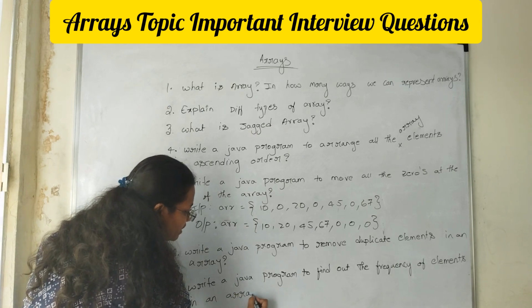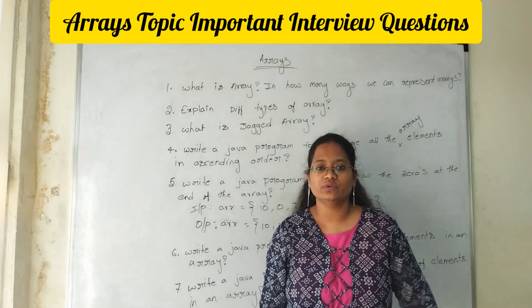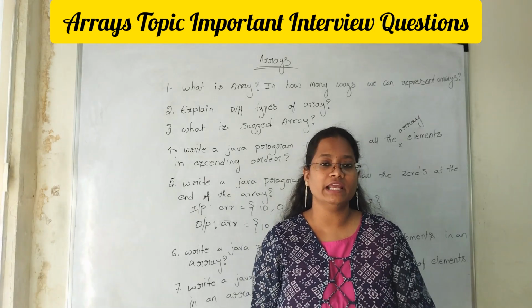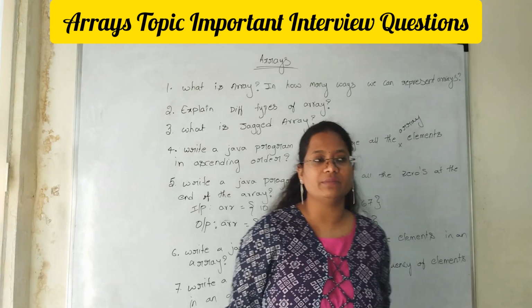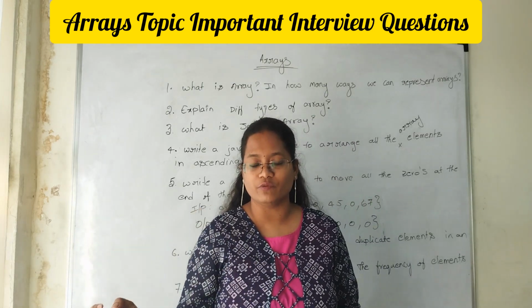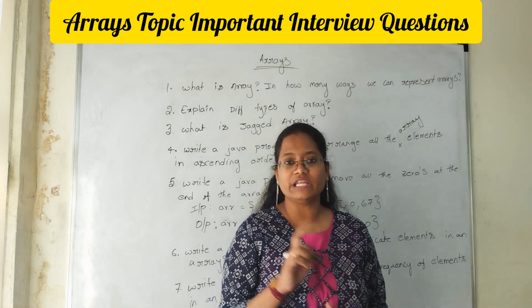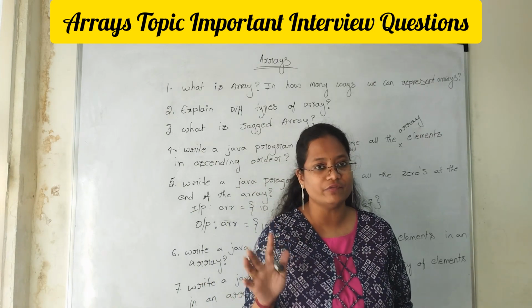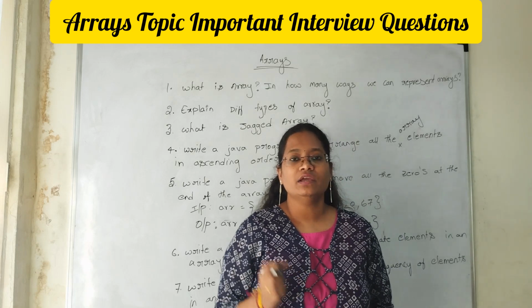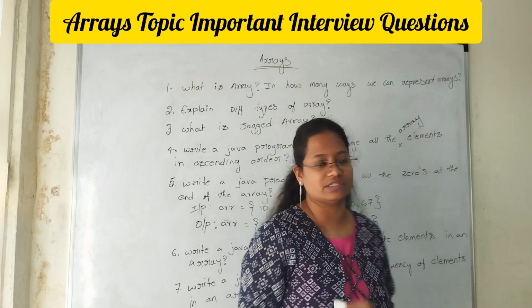What is the meaning of this? Frequency of array elements means you take an array element and count how many times it is repeated. For example, if 20 is repeated 4 times, then 20 is the element and the frequency of 20 is 4. Like that, for each element in the array, you need to find out how many times it is repeated.